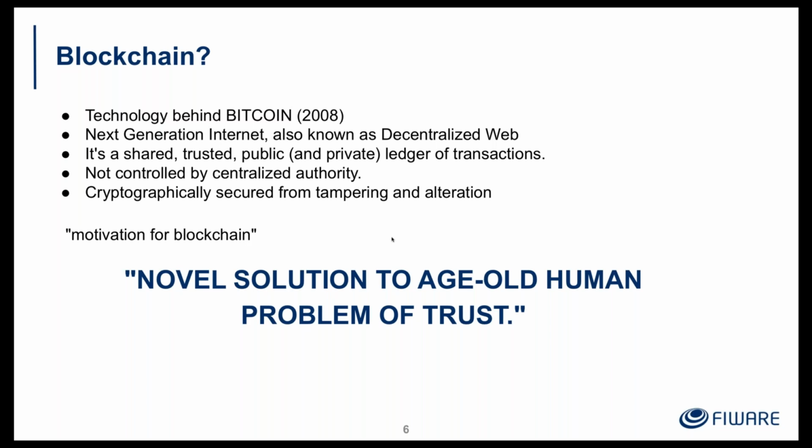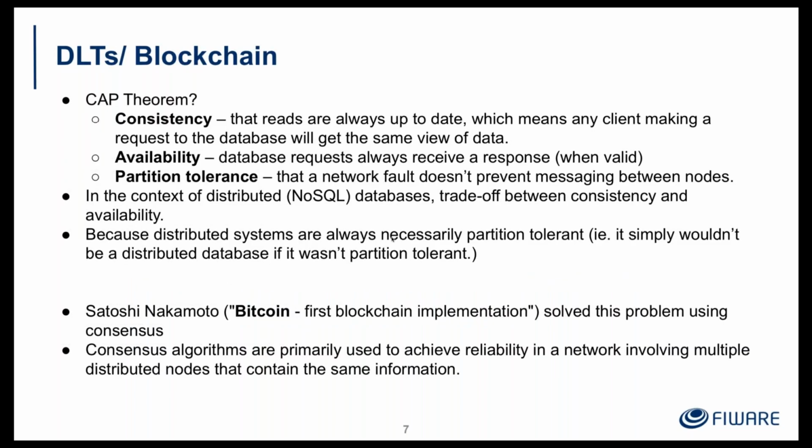And how this blockchain has evolved: we are already living in a distributed world, and now moving towards a decentralized one. The main goal behind this blockchain is to overcome the CAP problem. In CAP, C stands for consistency, that reads are always up to date, which means that any client making a request to the database gets the same view of the data.